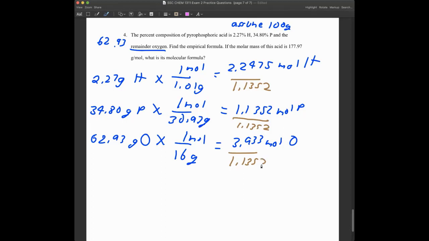Okay, this next step is very important, so I want y'all to do it. When you plug these numbers into your calculator, read for me what numbers you get. So we have H, P, O, right, after we divide. I'll give y'all a few seconds to do this at home, and then let me know the numbers once you divide by that small number.